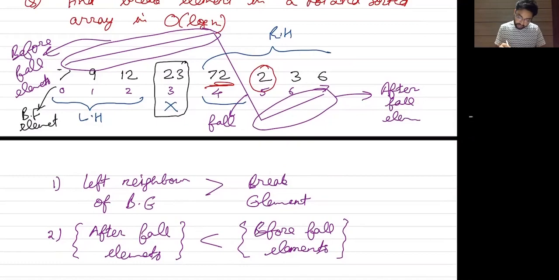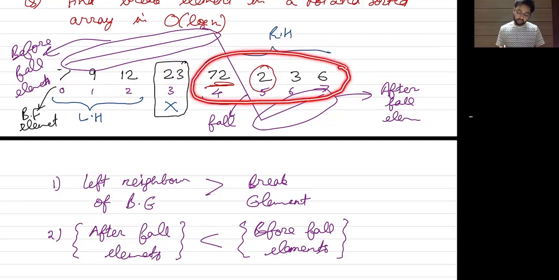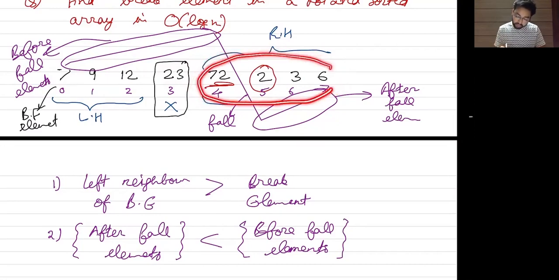So in this case, 23 is greater than 7, which means the fall hasn't happened yet. And the break element is in the right half. So now we confine the subarray to this much part. And now we calculate the mid of this subarray. So the mid of this subarray would be 4 plus 7 divided by 2, which is 5 in integer value.